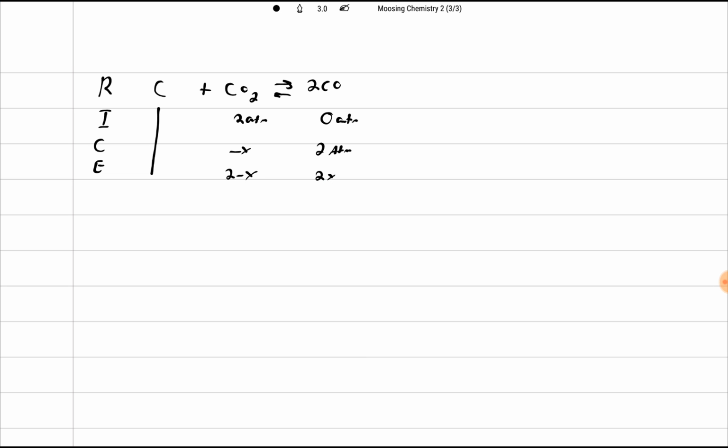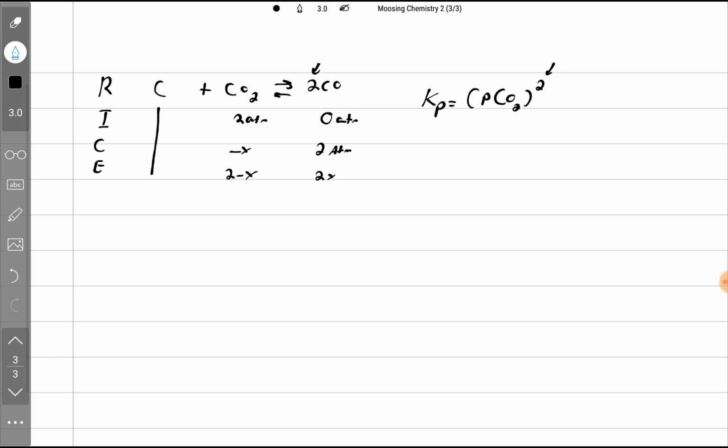So now we set up our Kp. So our Kp is going to equal the pressure of the CO, the products, over the reactants. And we're going to put a 2 there. Why does that 2 go there? Because you have a 2 right there. Okay, just to let you know. All right.